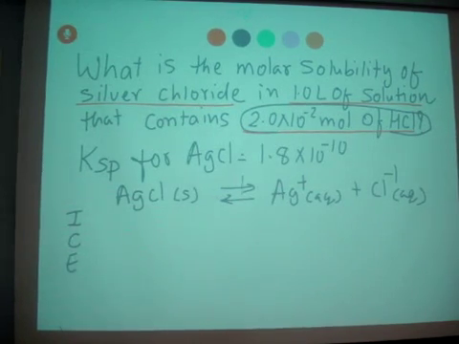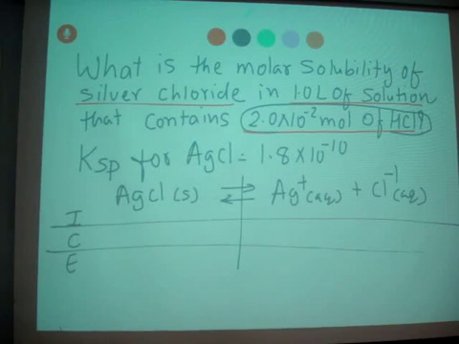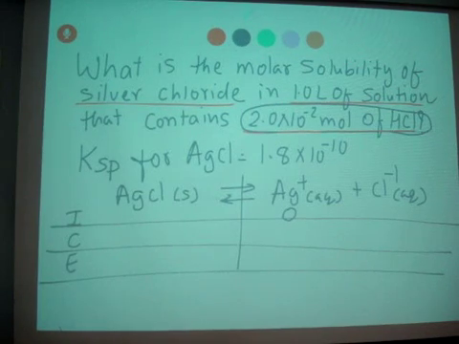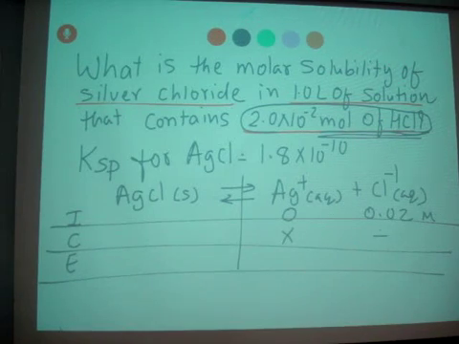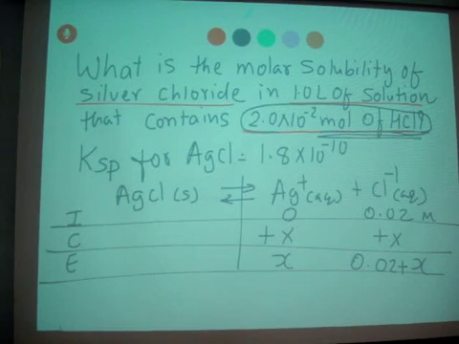We can have 0 Ag plus, but remember that the solution contains HCl, so the initial Cl minus concentration is 0.02 molar, because it's in 1 liter. Change is plus x, and then final is x, and this one is 0.02 plus x.